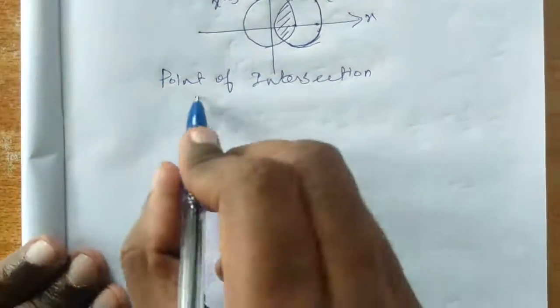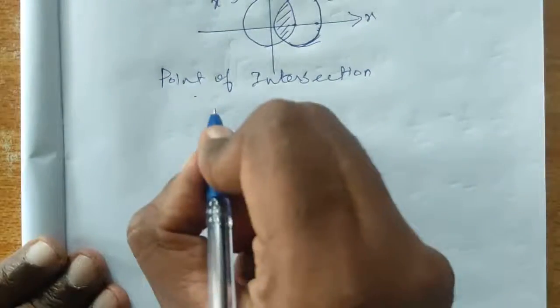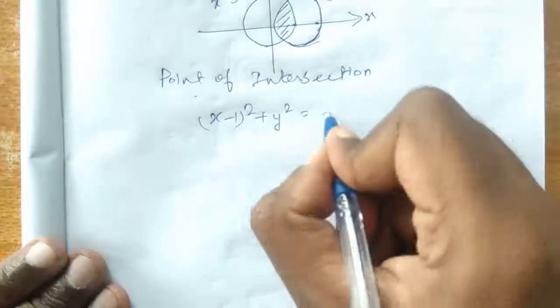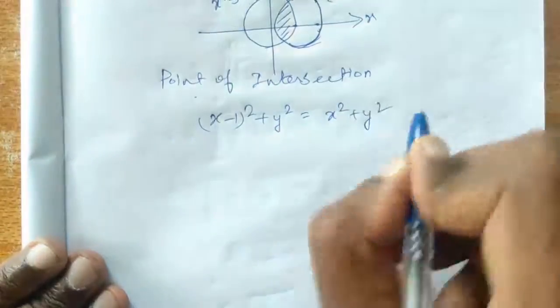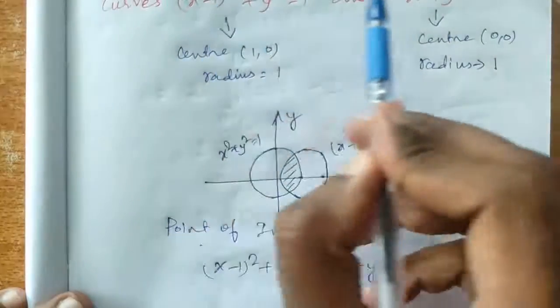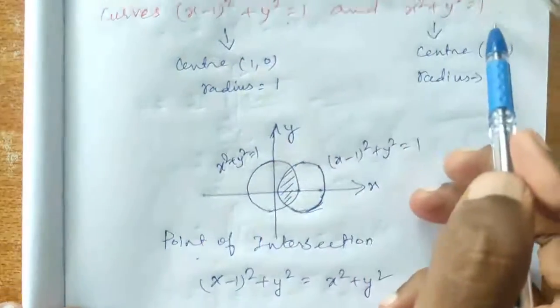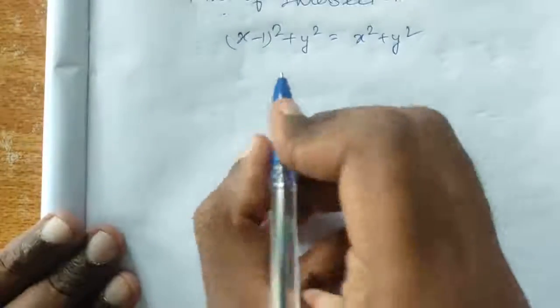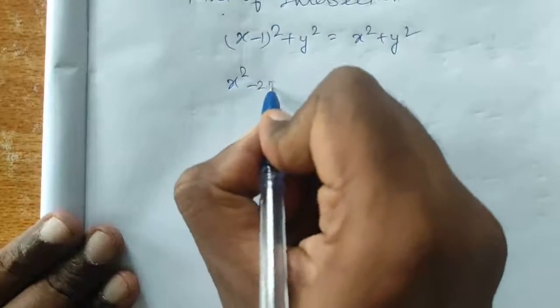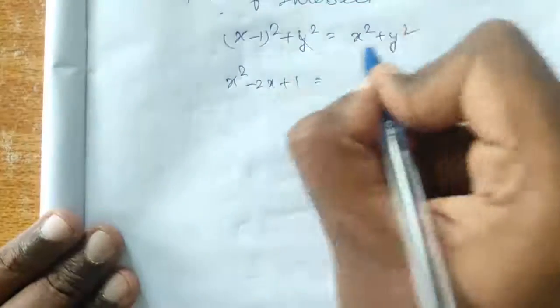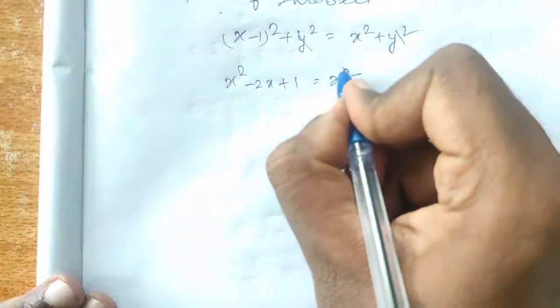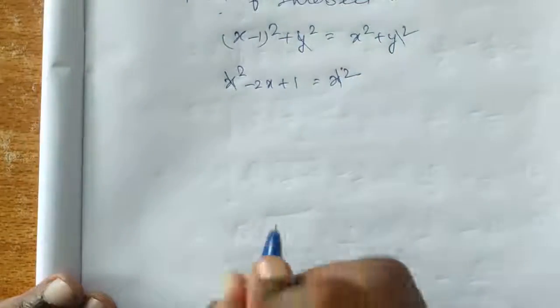So listen here. Point of intersection: x minus 1 the whole square plus y square is equal to x square plus y square, as both come from these two equations, whose values are 1. So we equate. x square minus 2x plus 1, y square cancels, x square also gets cancelled.